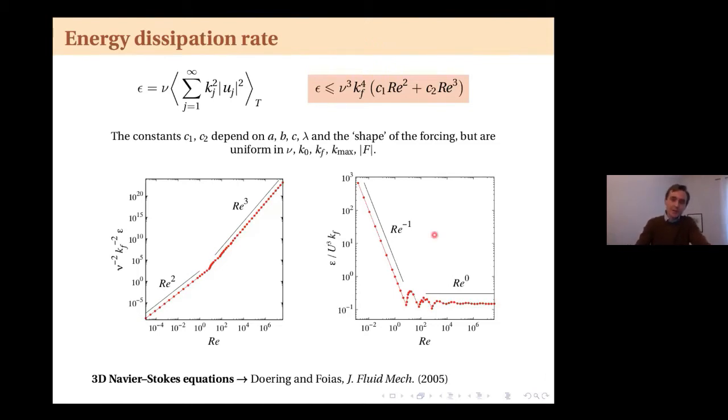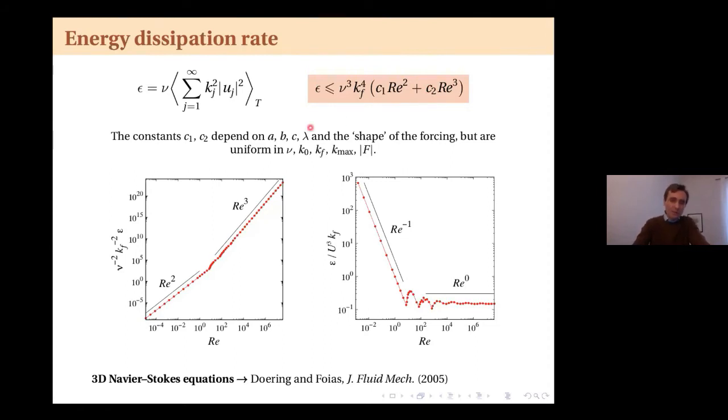Let me also say that the constants here, and this holds for all the constants in the talk, can be calculated explicitly for the shell model. Whether they are optimal is another problem, but they can be calculated explicitly.